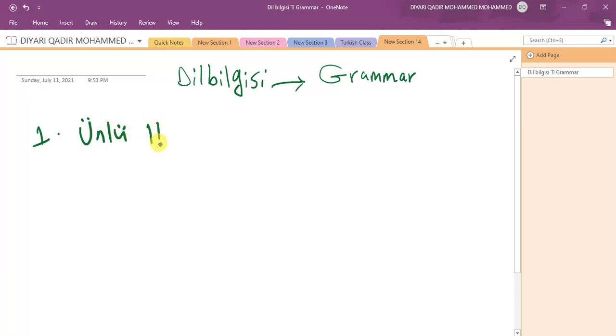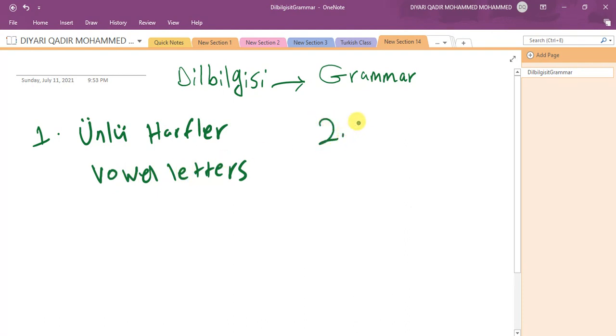ünlü harfler. That means the vowel letters. Ünlü harfler, it means vowel letters.